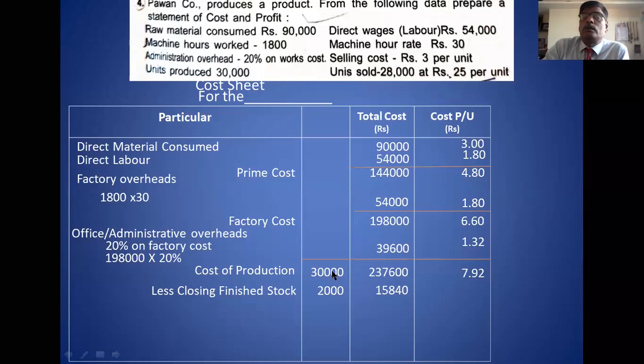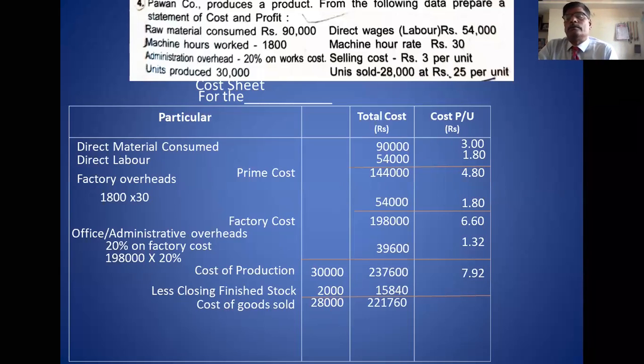Out of 30,000 unit produced, you deduct the closing stock unit, you will get unit sold. 28,000 is the unit sold. 2,21,760 is the cost of goods sold. From this stage, you have to consider the units sold.